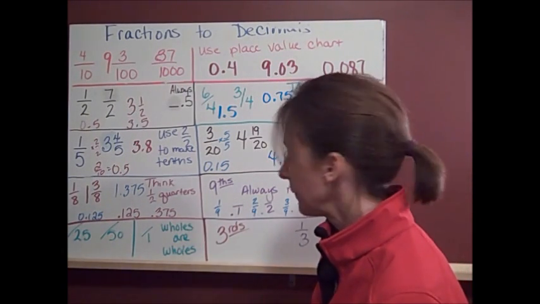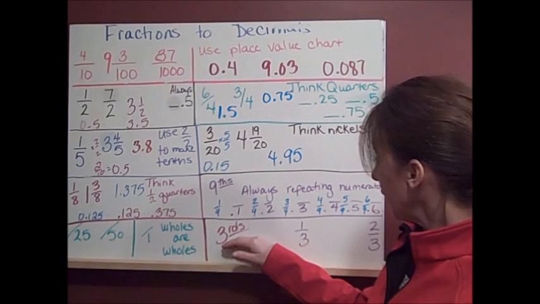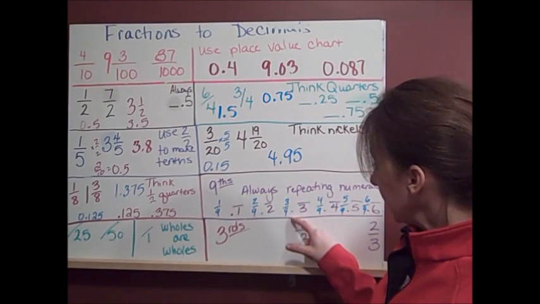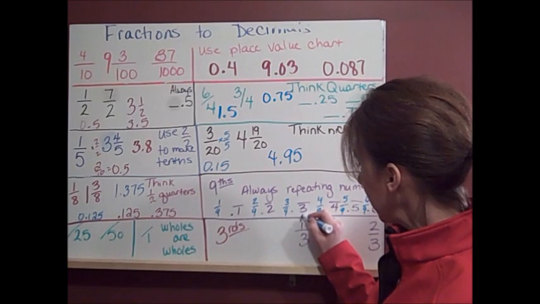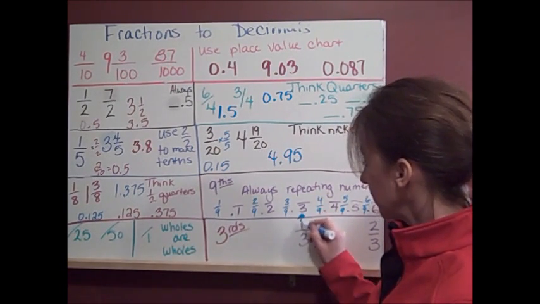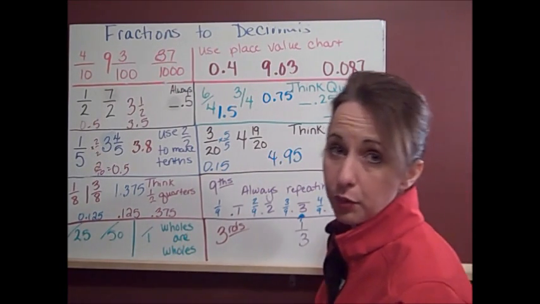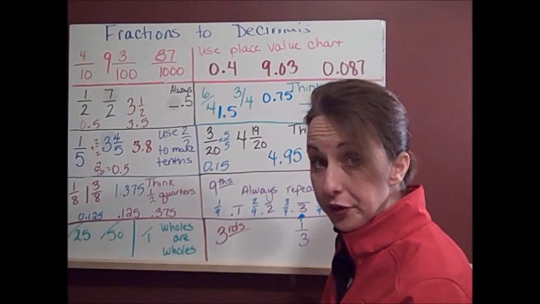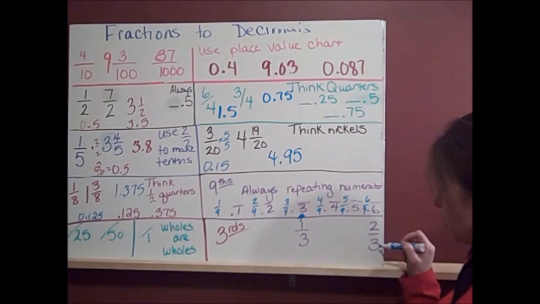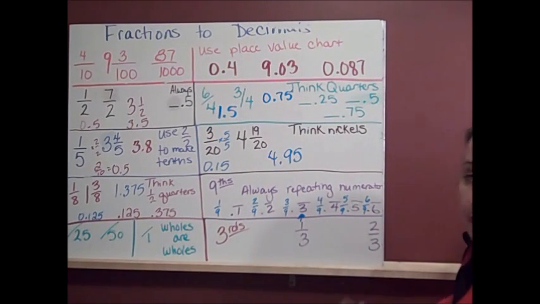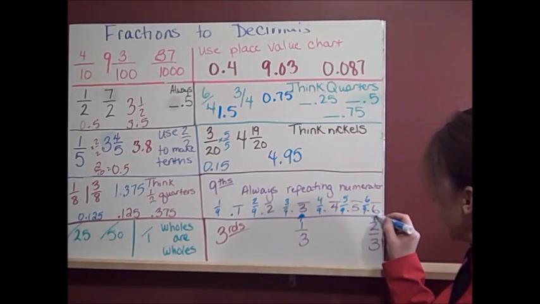You get the idea. If you look here right under thirds, well, 3/9 is equal to 1/3. So that means that this decimal is also the decimal for 1/3, 0.3 repeating. 2/3 is the same as 6/9. So 2/3 is 0.6 repeating.